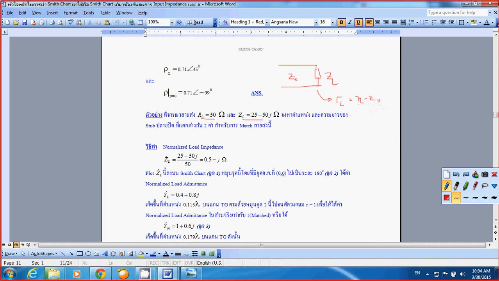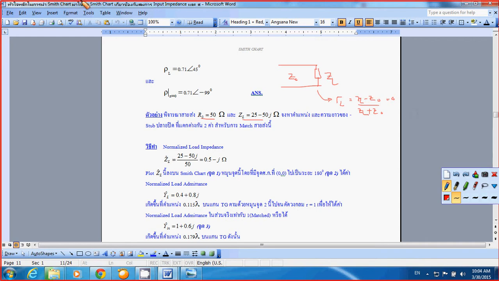And then divided by ZL plus Z0, right? And what we want, just like I explained to you, is to have the transmission line matched, that means your ZL has to be equal to Z0, and you end up with your reflection coefficient at the load being 0.